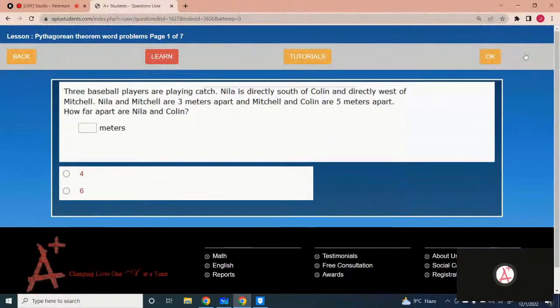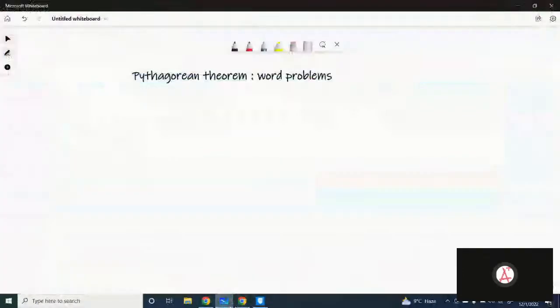So let me first draw the triangle. Neela is directly south of Colin. It would be a right angle triangle.